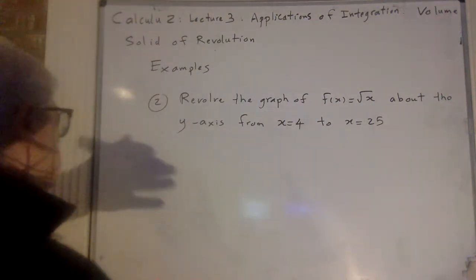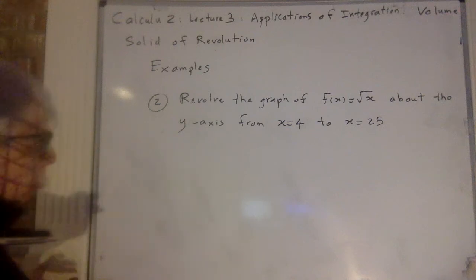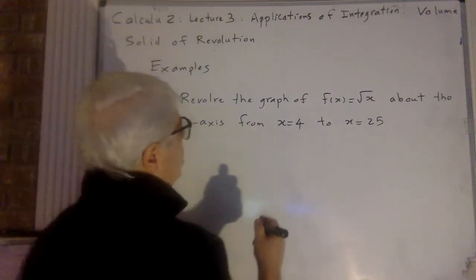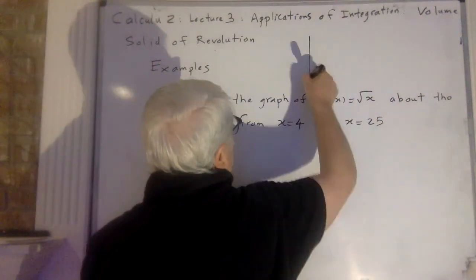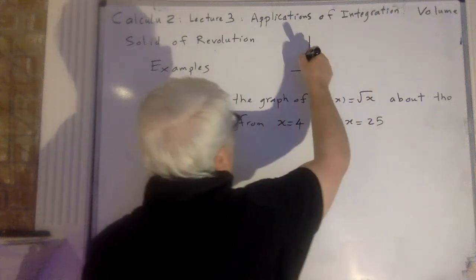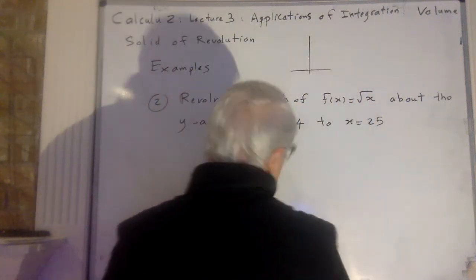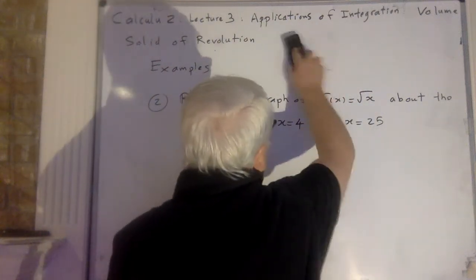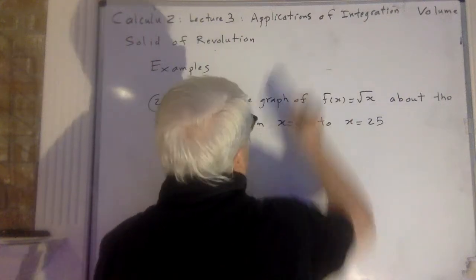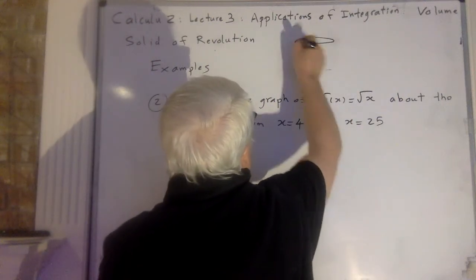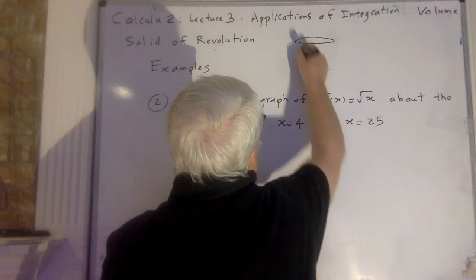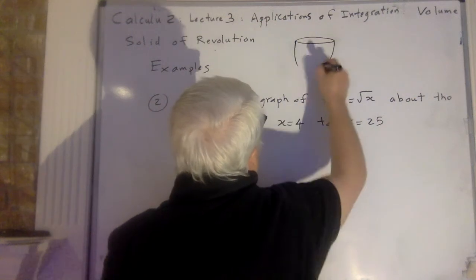Okay, well, the y-axis is very similar. If I revolve something about the y-axis, I have something like this. In fact, that gives us a much nicer picture. So let me draw the solid first. It's easier to draw solids like this than the other way.